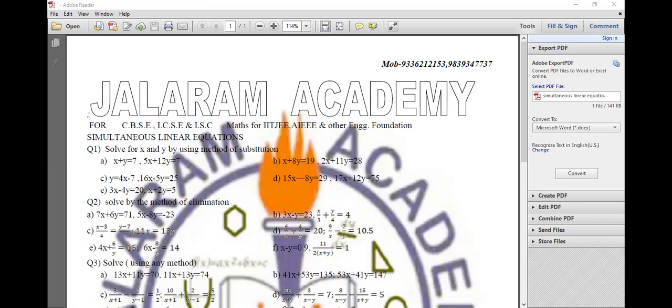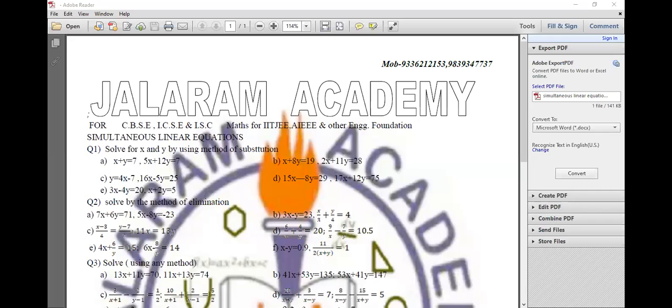So substituting y equals, in terms of x, 4x minus 7 from equation 1 in equation 2, we get 16x minus 5 into 4x minus 7 equals 25.